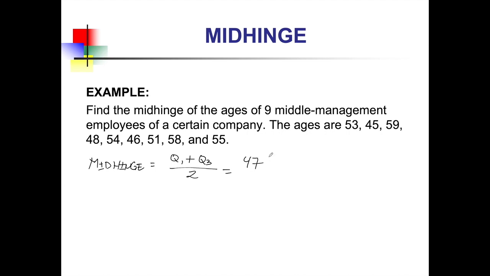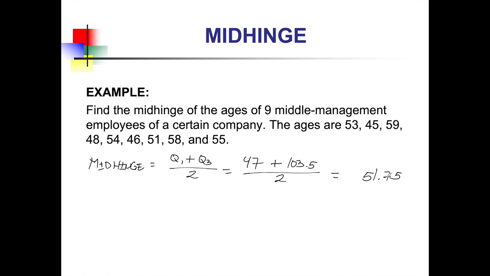I hope you have your notes with you para masundan ninyo ako. Mabalikan ninyo yung mga values ng Q1 and Q3 before. And yung Q3 for this ungrouped data is 103.5. Divide natin sa 2, this will be 51.75. So, this will be our midhinge.